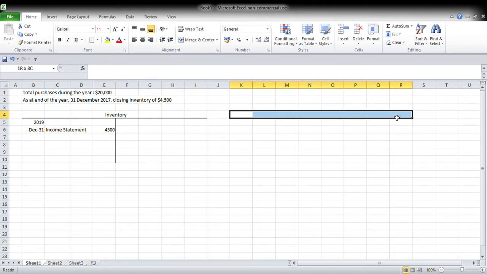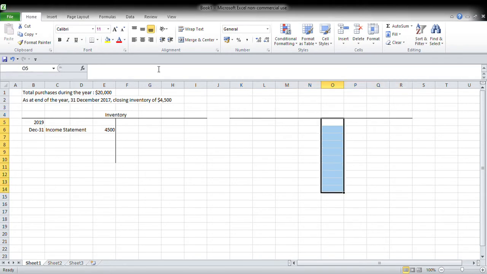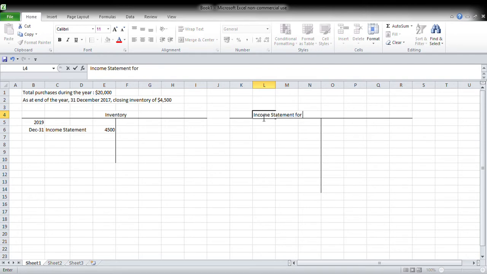Then in the income statement account, okay, let's create the income statement account. Income statement for the year ended 31st December 2019.